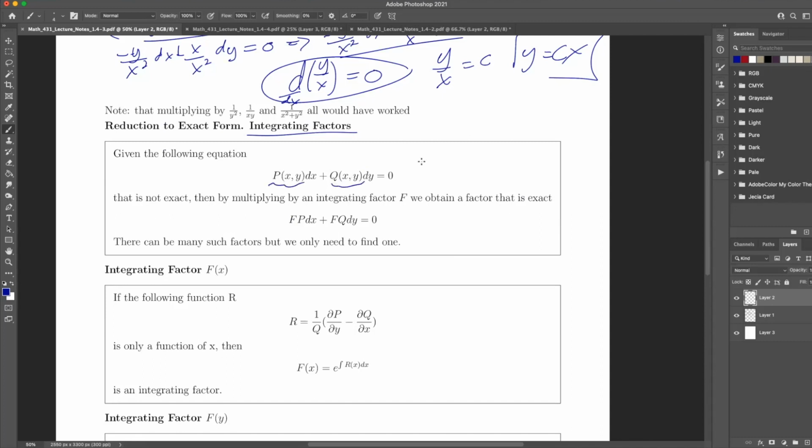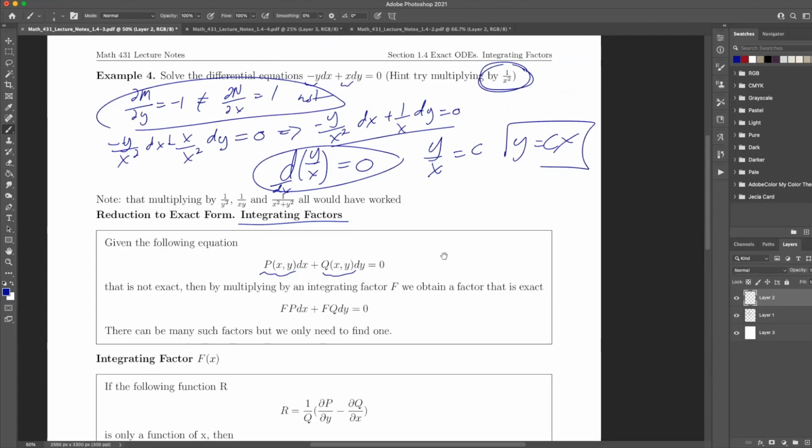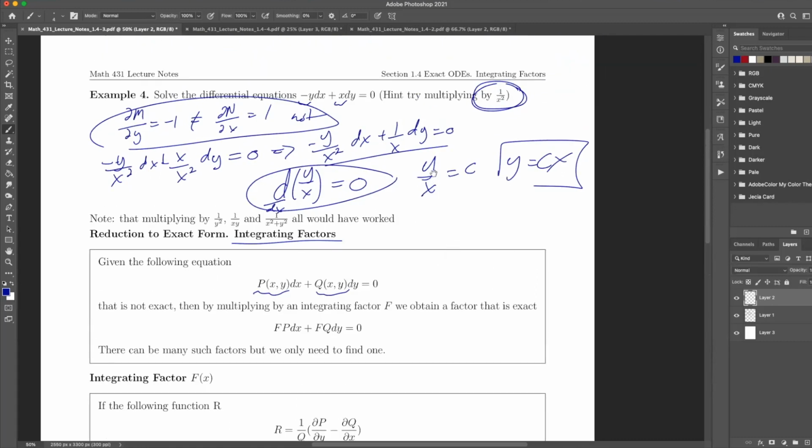Excuse me. Sorry, can you go back to the last example, and can you explain the last part starting from the d of y over x equals 0, please? I did not follow. Yeah. So here, you're supposed to recognize this is the total differentiation of this.